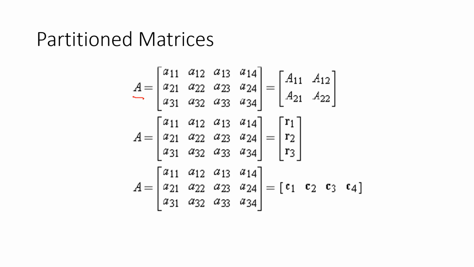The second one is a partition of matrix A into its row vectors, R1, R2, and R3. And the third partition is into its column vectors, C sub 1, C sub 2, C sub 3, and C sub 4.